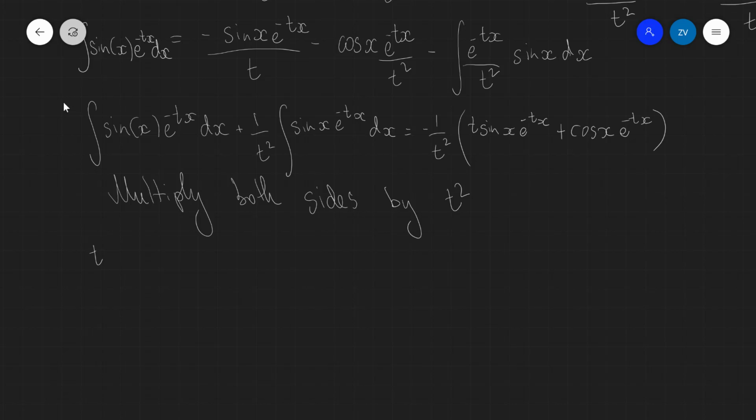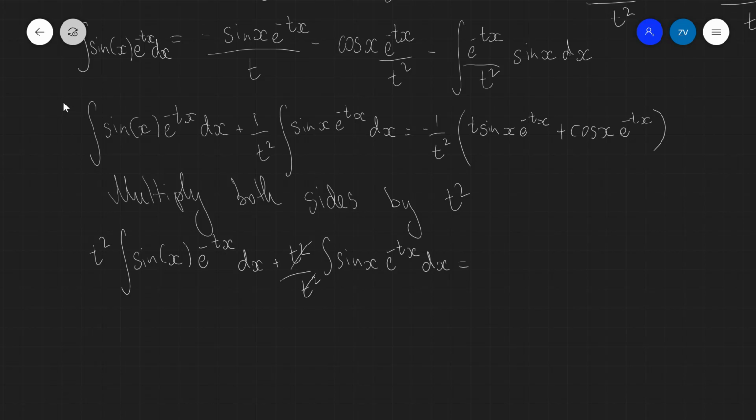We're going to get t squared, the integral of sine of x e to the minus tx dx plus the t squared over t squared, which is going to get cancelled out, of course, times the integral of sine of x e to the minus tx dx.